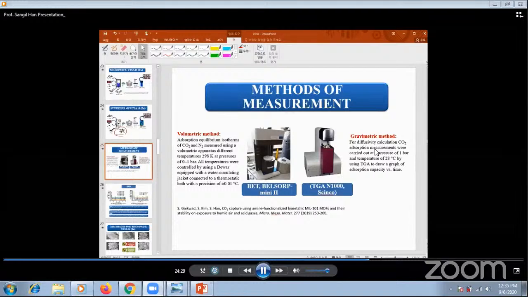With the volumetric method, we can produce the adsorption isotherm. By using the gravimetric system, we can provide the adsorption kinetics. Kinetics means the adsorbed amount as a function of time.